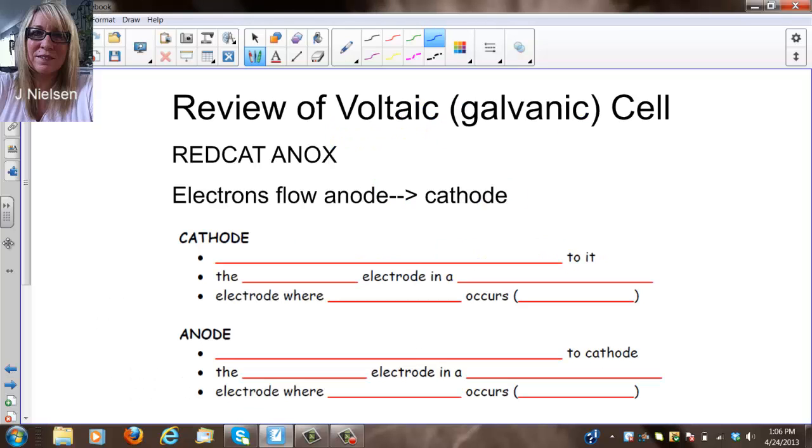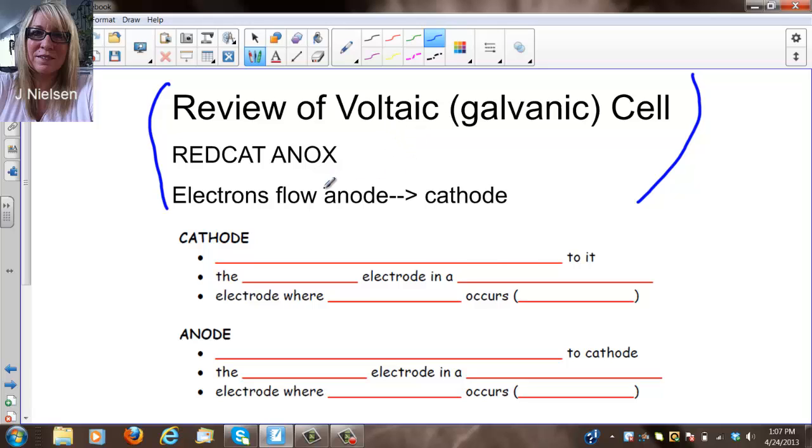So let's review just a little bit of a voltaic cell. This is actually on page 13 in your notes, but you don't have the top part here. I'm just doing a little bit of a review. Remember that red cat an ox: reduction is at the cathode, anode is oxidation, and electrons flow from anode to cathode, A to C. A comes before C in the alphabet.